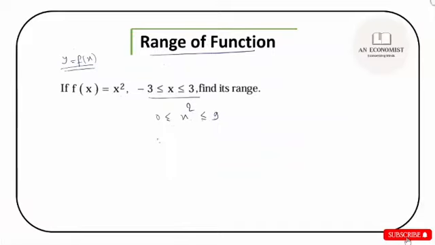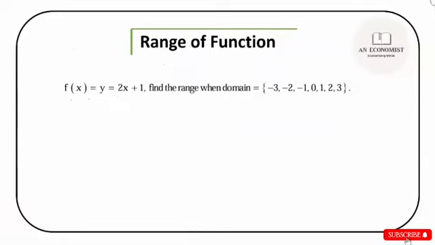But this x square is nothing but f(x). So what is the valid range of f(x)? Range of f will be all the f(x) which belongs to R such that 0 less than or equal to f(x) less than or equal to 9.